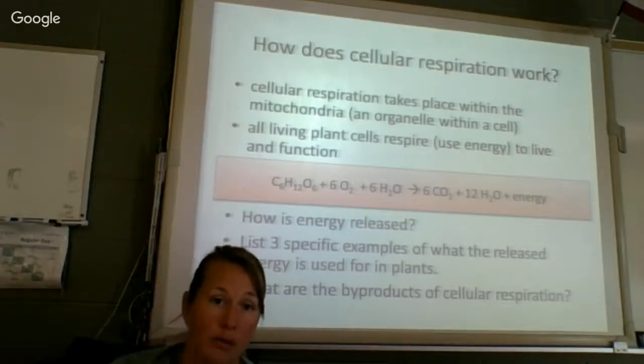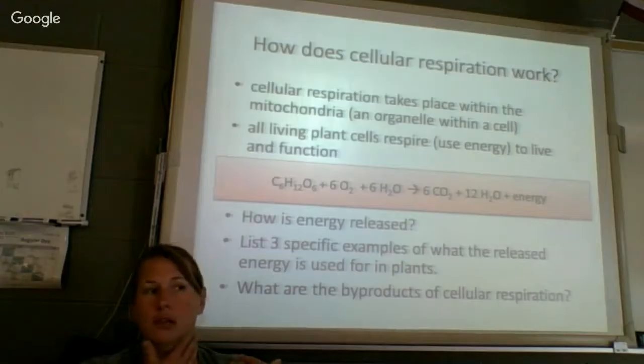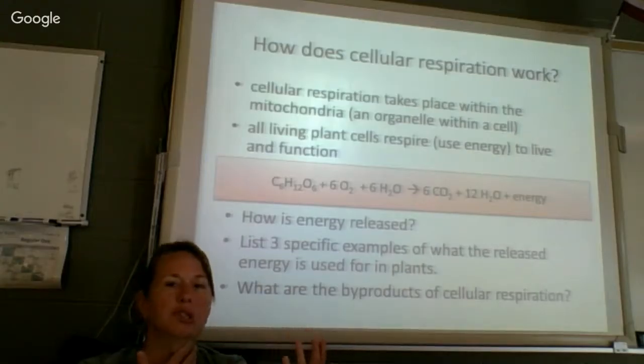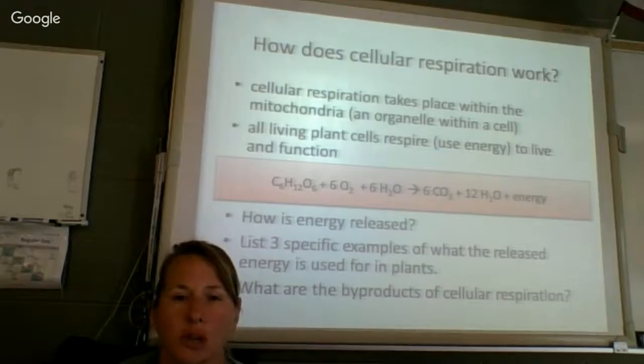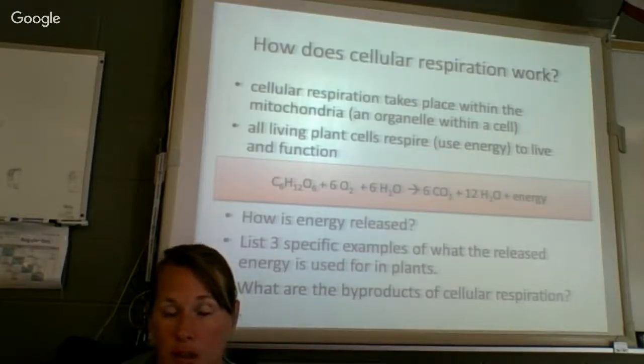If I want to keep a constant temperature with my body, 98.6, I have to use energy to keep my body temperature. If I want my heart beating, I have to use energy. So everything that fuels our systems and our functions is done through cellular respiration.